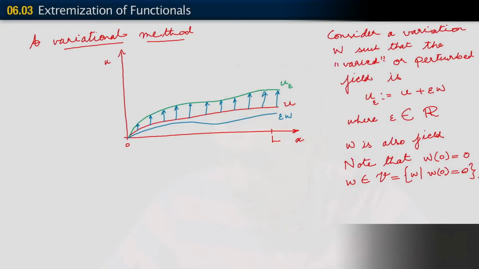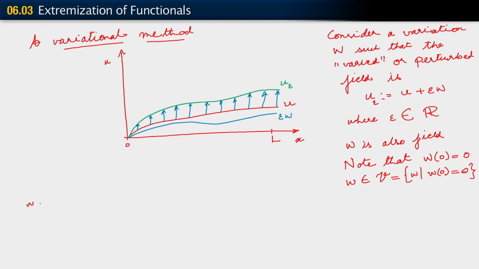Okay, so W vanishes at the Dirichlet boundary, and this is a principle in variational methods.